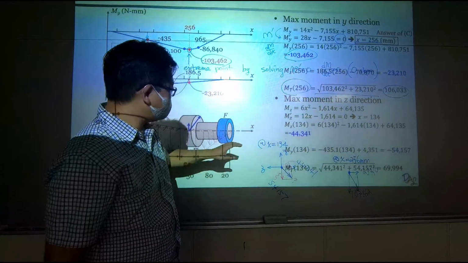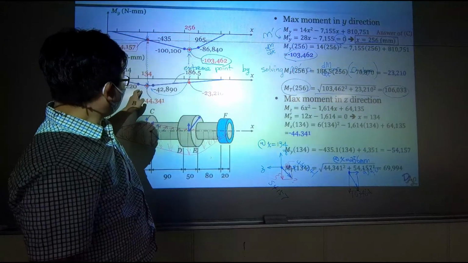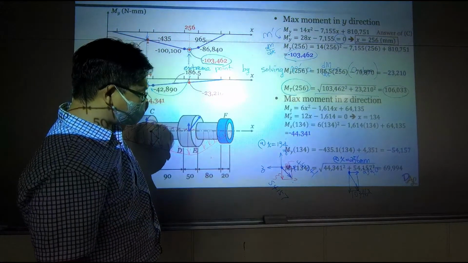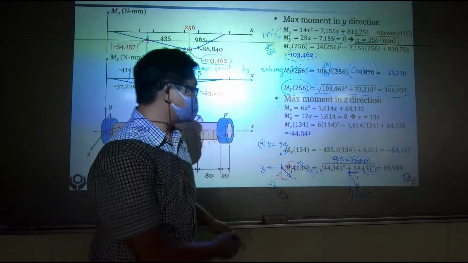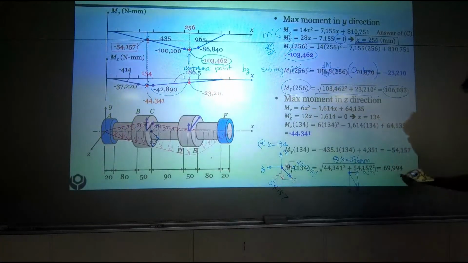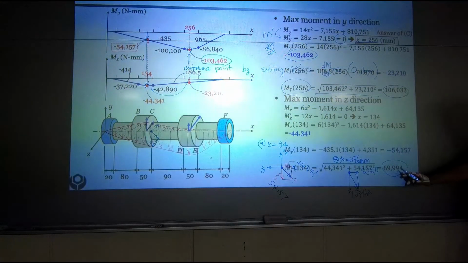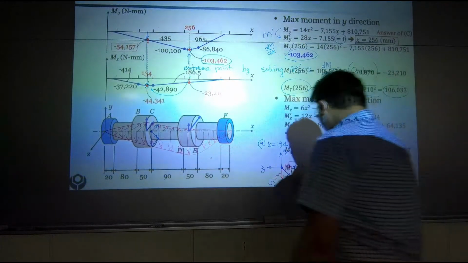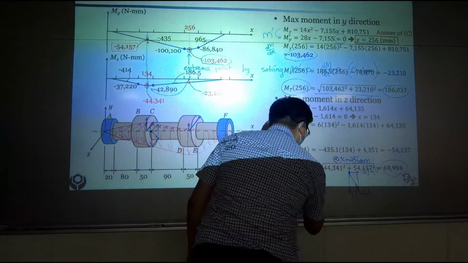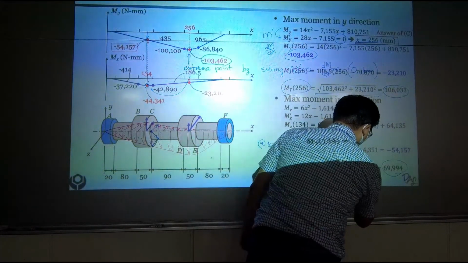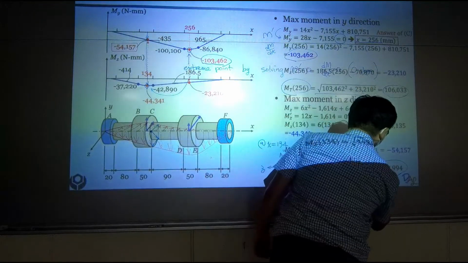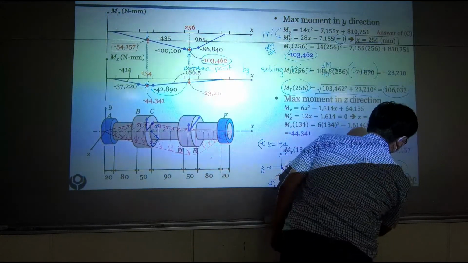So at the position of 134, we use a centric, and I did the calculation. It was 6994. So this one is 6994. The sum of this at the end is 106033.